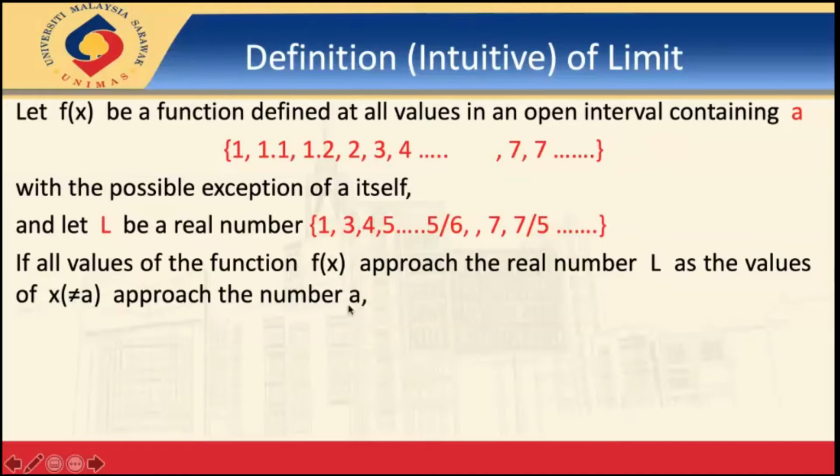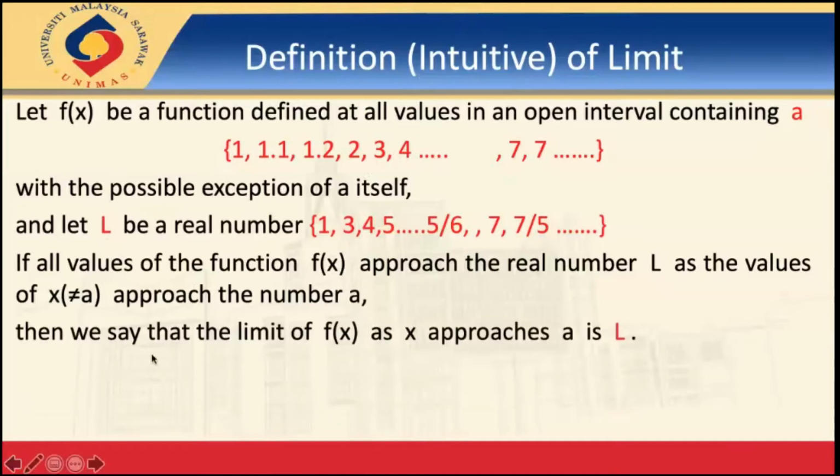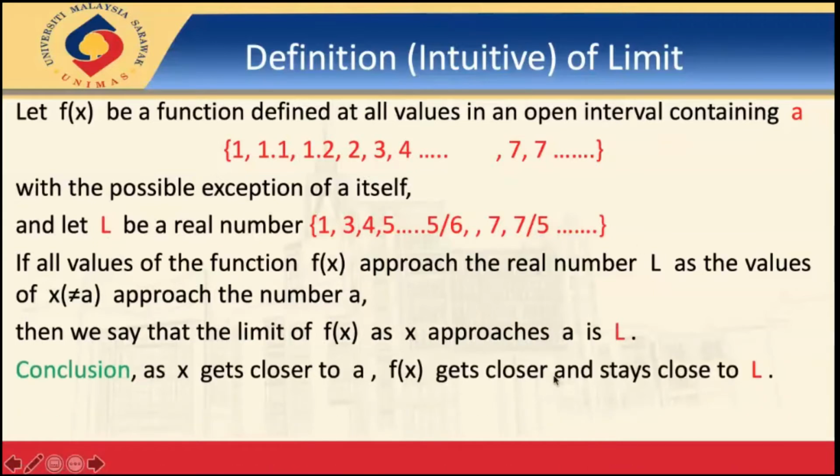So if we use any real number from the open interval in the function, we will get some other number as the value of the function, and we represent that value by L. Then we say that the limit of f of x as x approaches a, meaning x is near to a, and you just think of a equal to 2, then the function f of x will be equal to L, and L represents any real number. In our previous example it was 3.5.